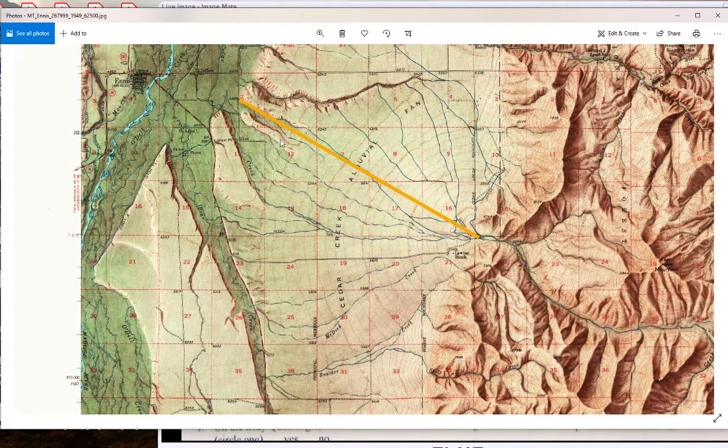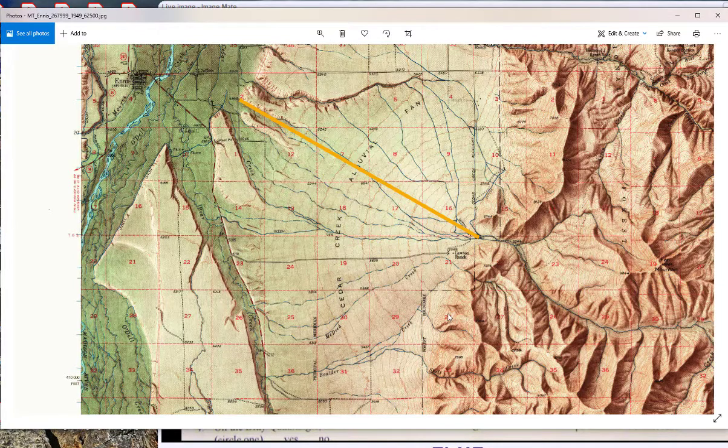So there's probably 1 mile there, 2 miles, 3 miles, and I'm going to 4. So about 4.5 miles. So the distance between this elevation in section 2 and this elevation in section 22 is about 4.5 miles. We're just going to make an educated guess there.